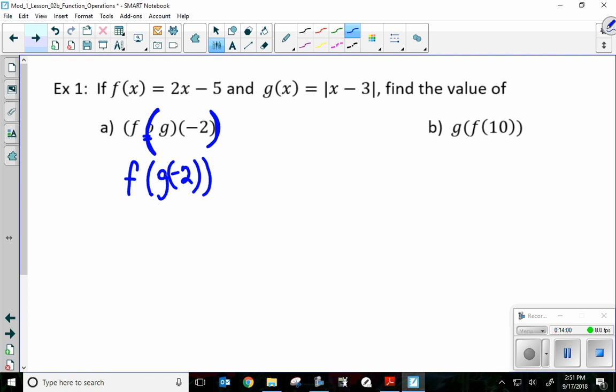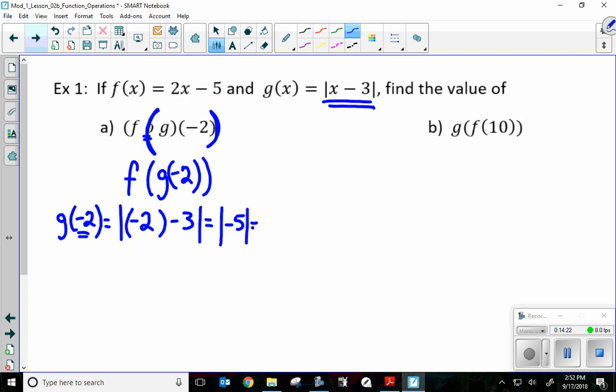So let's do this. G of negative 2, and I look at my g function. That's this right here. Okay? It's the absolute value of whatever my x is minus 3. All right? Again, nothing new. My negative 2 goes into my x. That would be the absolute value of negative 5. And of course, absolute value takes anything negative and makes it positive.